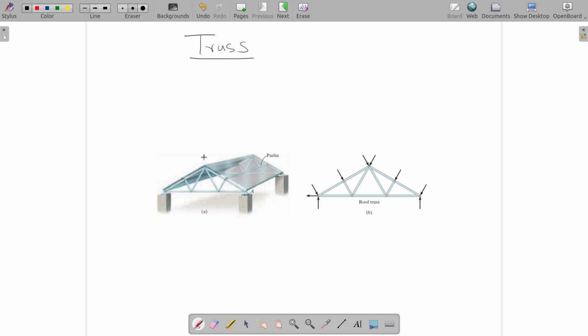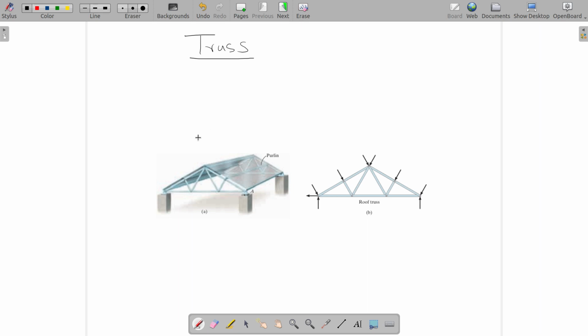This is basically a roof that is supported by 4 pillars, and you can see that you have these bars which are connected to each other. And the support structure that you obtain by connecting such linear members is called a truss.